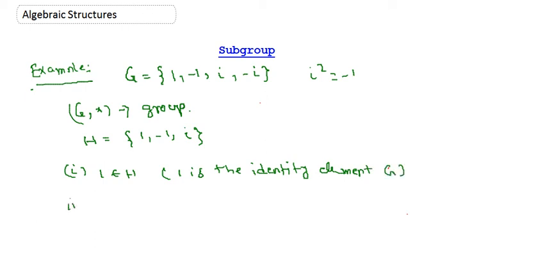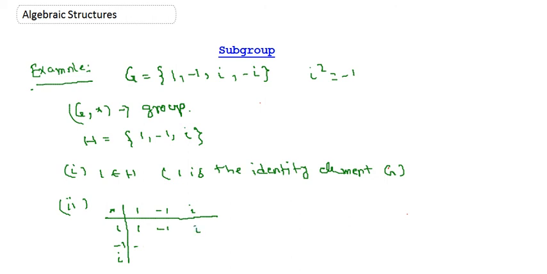To check the second condition, we will consider the composition table. So here we take the composition table, with 1, minus 1, i along both sides. 1 times 1 is 1, 1 times minus 1 is minus 1, 1 times i is i.